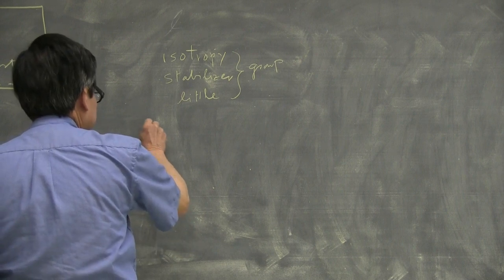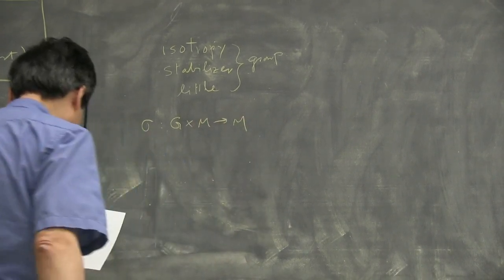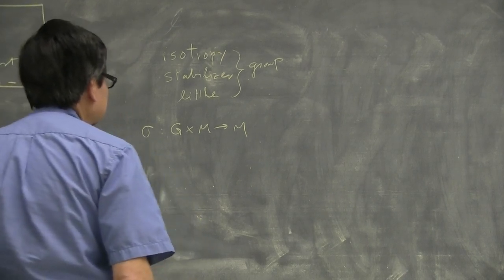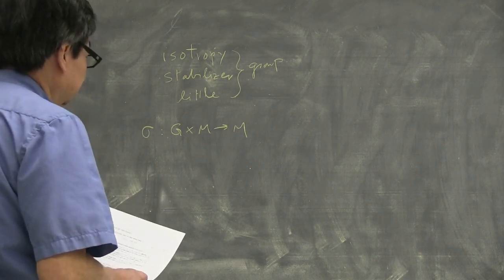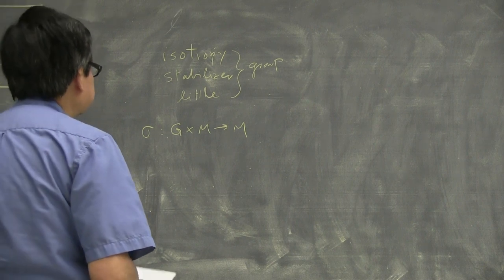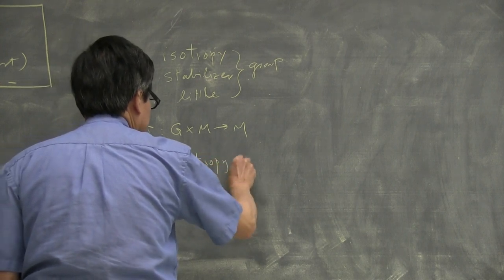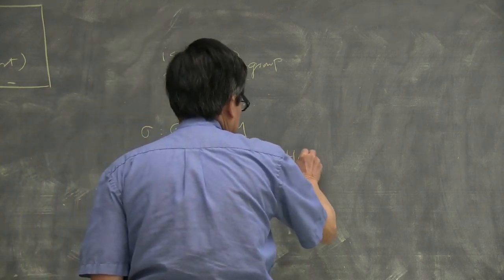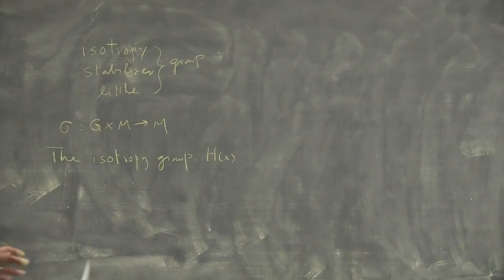Supposing you have a group action, which is a map from G cross M to M. Given a particular group action, the isotropy group is some subgroup of the group G corresponding to a particular element X in M. We call this group H(X).